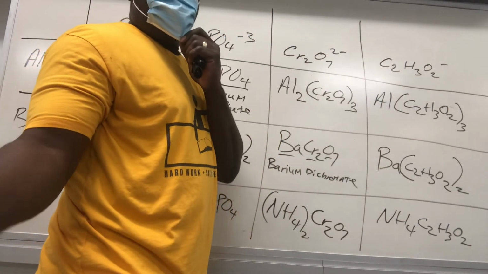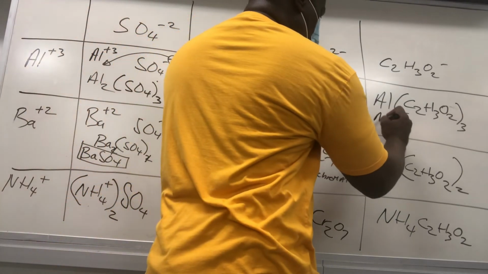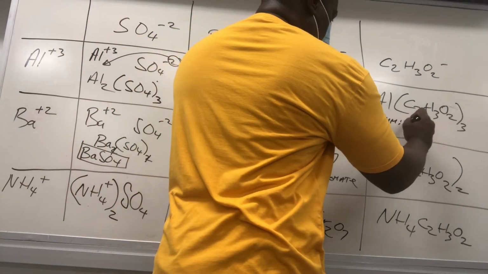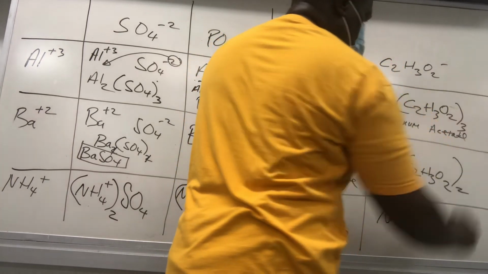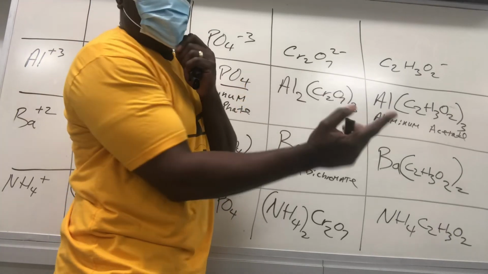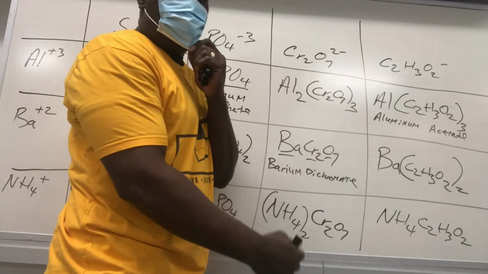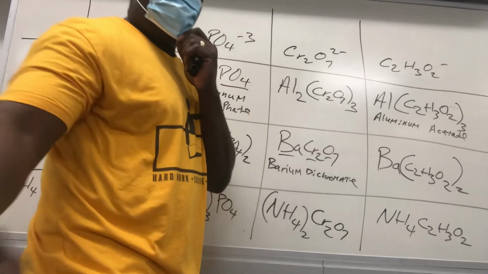So you don't panic, you write acetate down, and the first guy is aluminum, so the name will be aluminum acetate. Notice as we finish, you're not making up dicarbon, trihydride, no. It's a polyatomic ion. Look on Table E, their name's right there. You're good to go. Take care. All right.